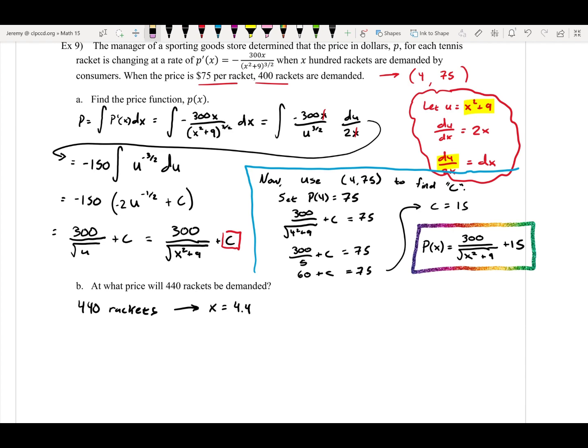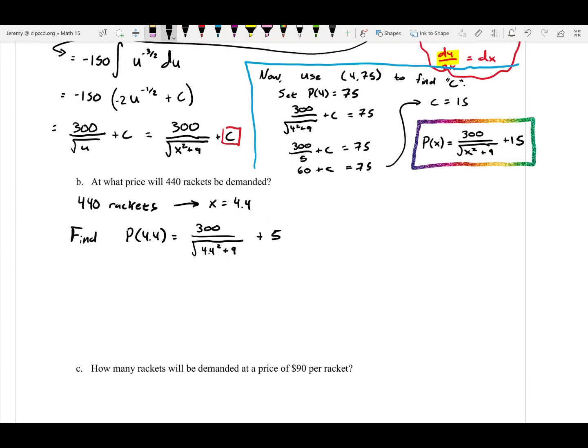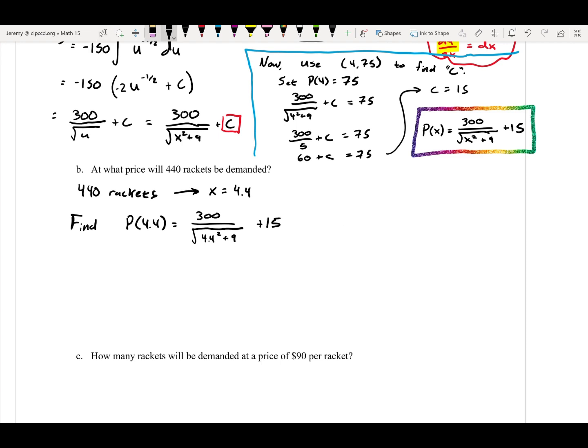So what we're trying to do here is evaluate p at 4.4. We want to find p of 4.4. So we'll substitute in. Sorry, this should be plus 15.